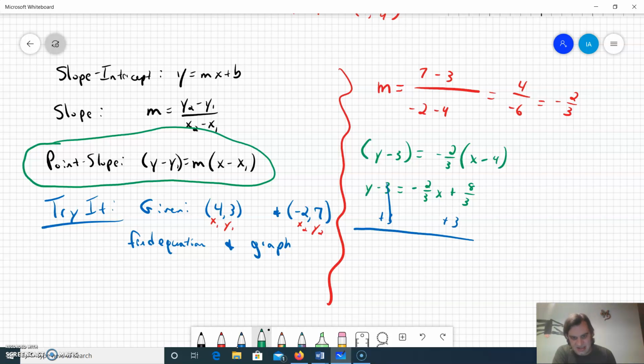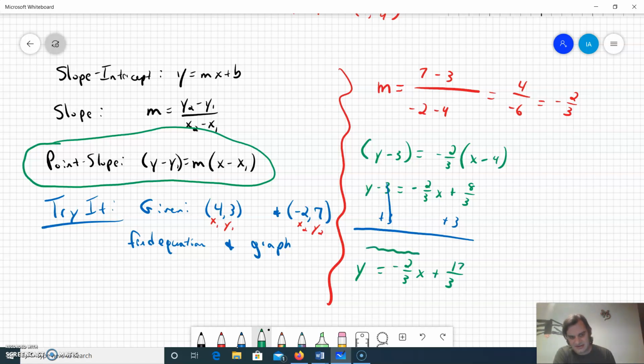When we do that, our slope-intercept form will look like y equals negative 2/3 x, which is our slope, and then 8/3 plus 3, which is 9/3, would be plus 17/3.